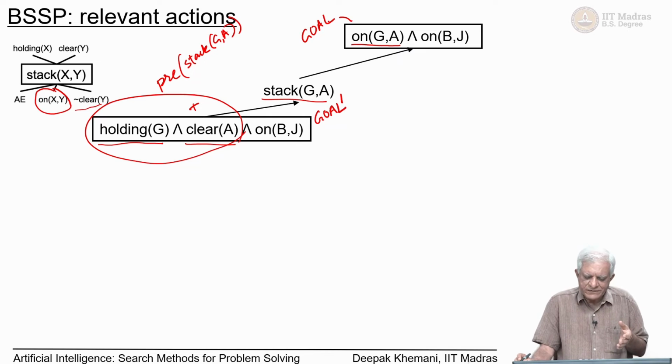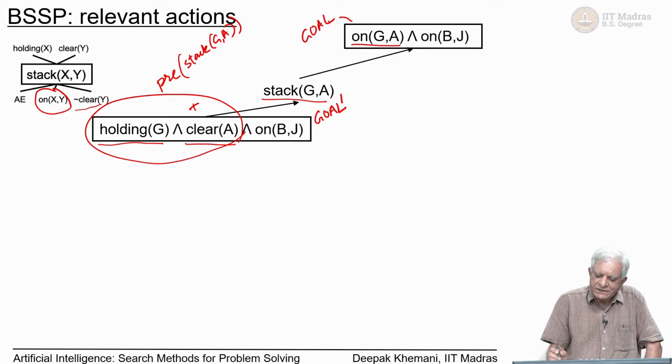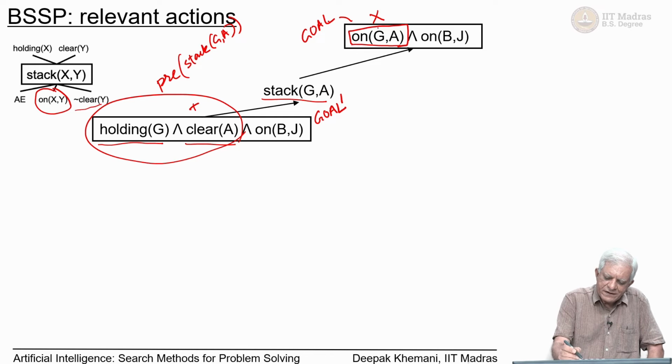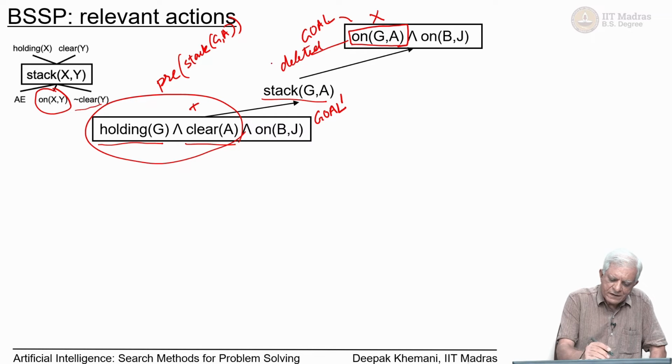In practical terms, we started with this goal which had two predicates, on G A and on B J. Okay, sorry, yes, we did delete this predicate, which is the positive effect of this action. So we delete it from there, and then we add the preconditions. So this is deleted and this is added.